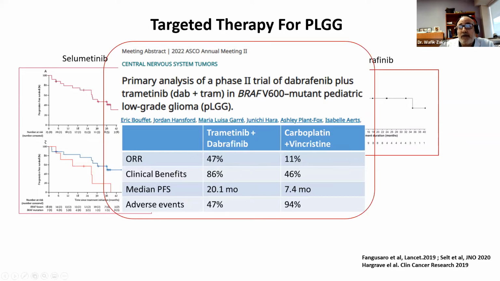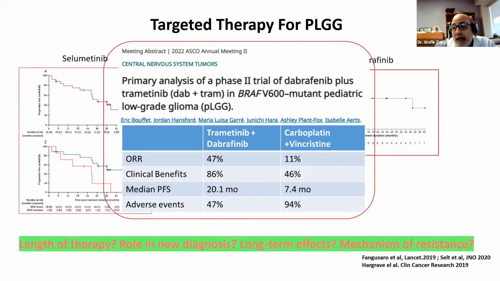He showed the objective response is superior, like 47 versus 11% in the standard of care, with clinical benefits and better overall progression-free survival, and even fewer side effects, like 47% compared to 94%. So this is promising data, but it needs to be validated in a phase 3 trial.